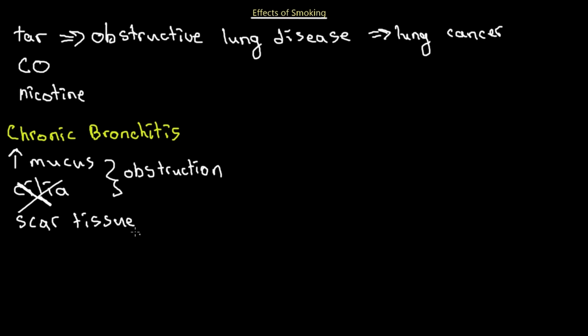And this is why there's an easier potential to be infected with things like pneumonia, and developing all of those viral infections. So all of these symptoms are going to be called chronic bronchitis. This is when you get the smoker's cough, and they're chronically going to be coughing because of all the damage that tar has caused to the lining of the airways.